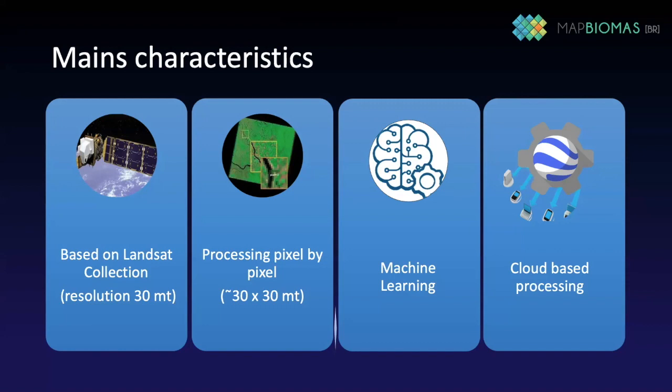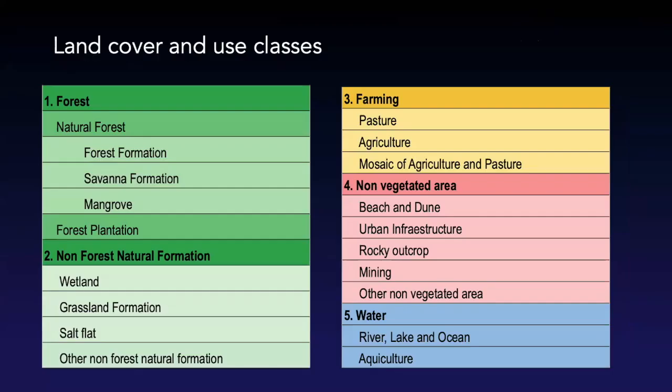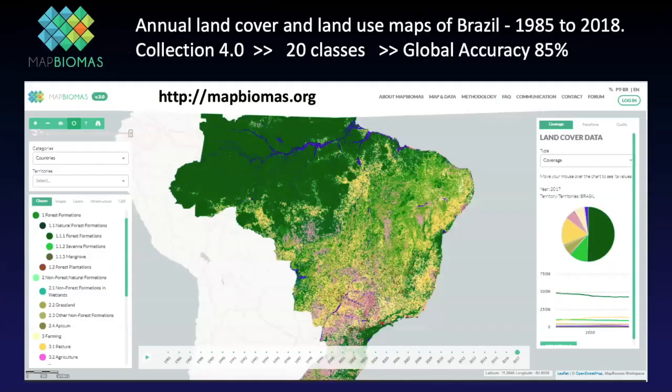When we started in 2015, there was not much large-scale work on this, so we are creating our own Brazilian way of doing things. We learned a lot in the process. Today we are in collection 4, out of 6 collections, which works with 20 classes. And what we have is turned into a platform.